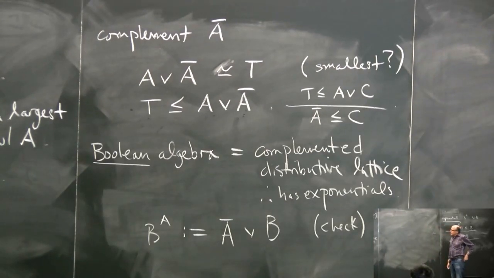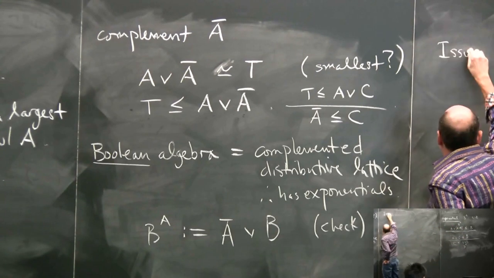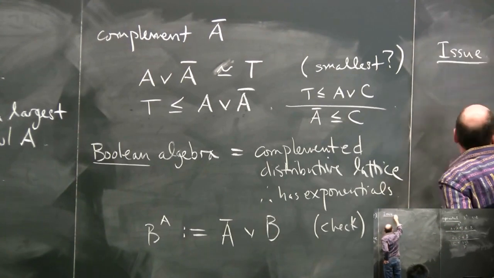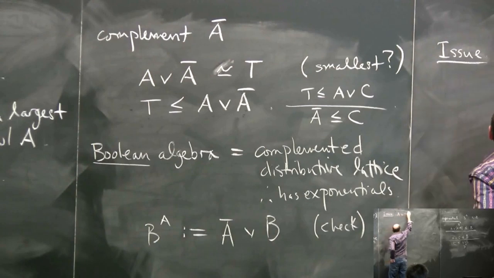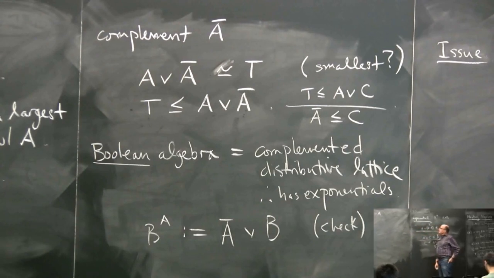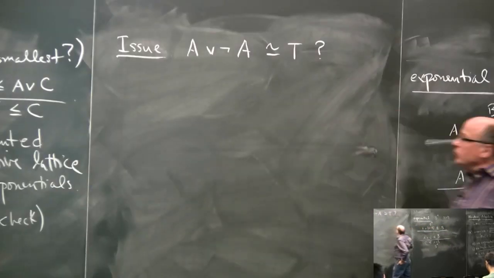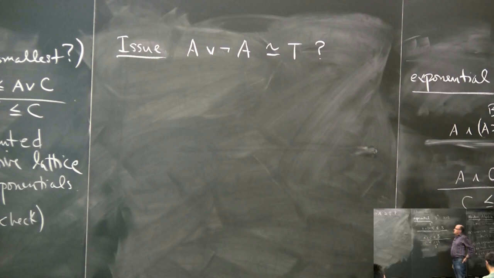The thing I want to do is look at this proof theoretically, and the central issue is the role of negation as compared to complement. The issue is, what is the status of this guy? Is this thing equivalent to truth or not? In a Boolean algebra, it is.